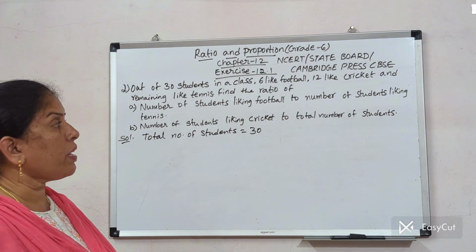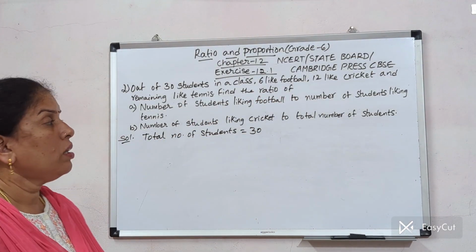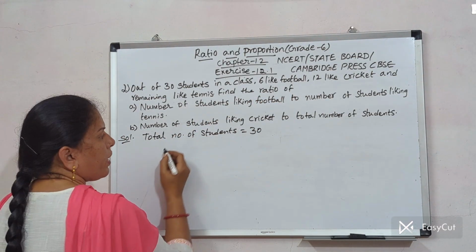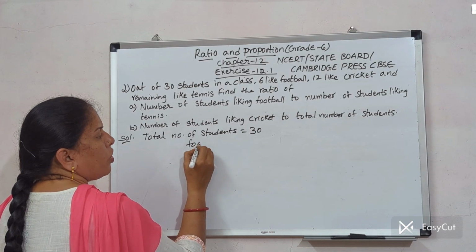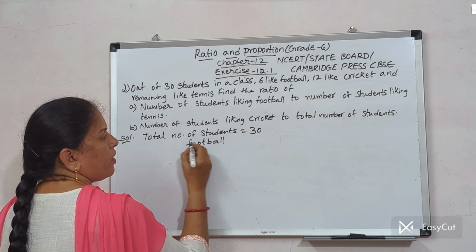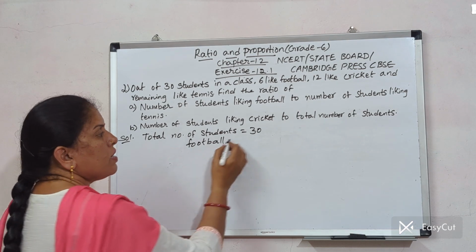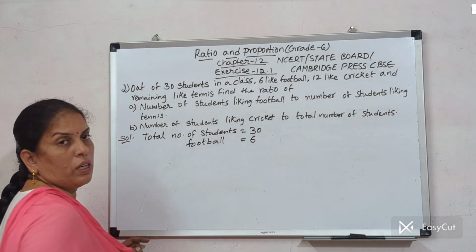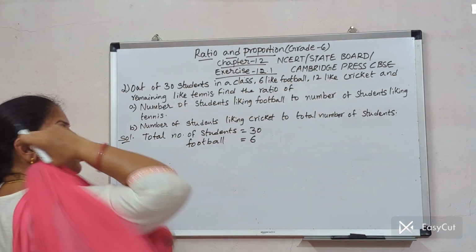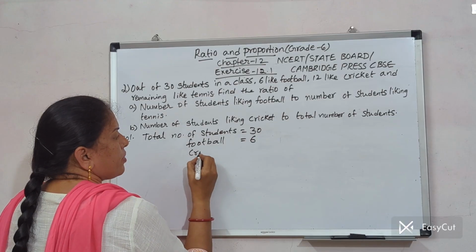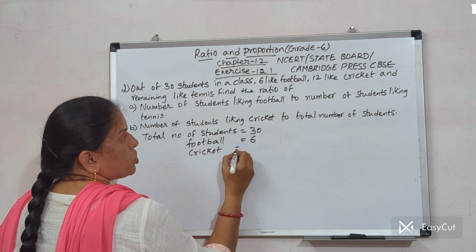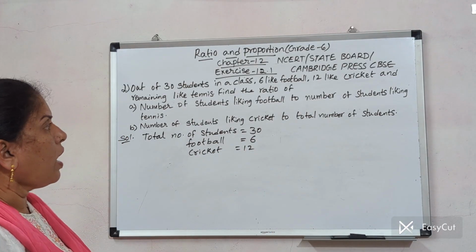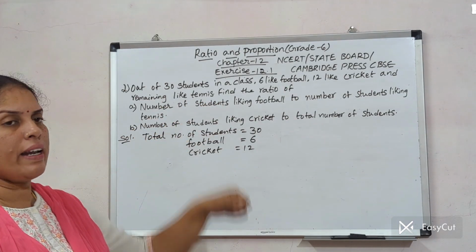In these 30 students, how many like football? 6 children. How many like cricket? 12 members. Cricket is equal to 12. And the remaining like tennis.